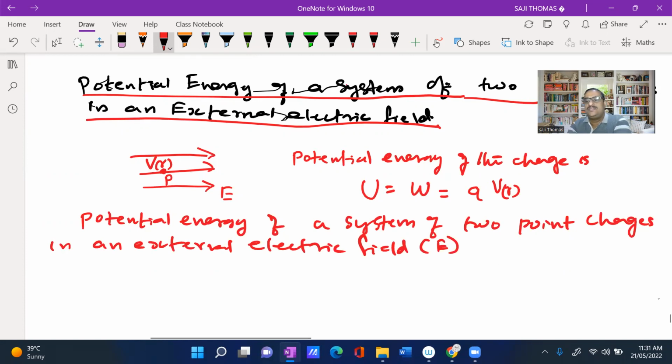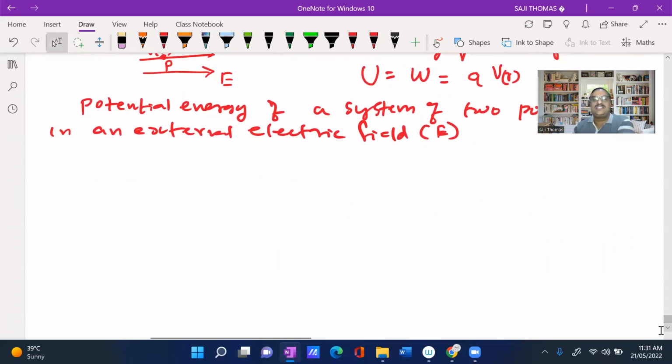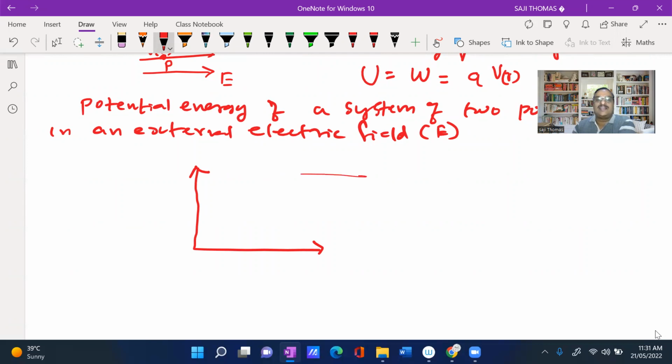Okay, so let me draw the diagram. We draw a coordinate system, X and Y axes. And there is an external electric field here. Now I am bringing a charge Q1 from infinity to this point.